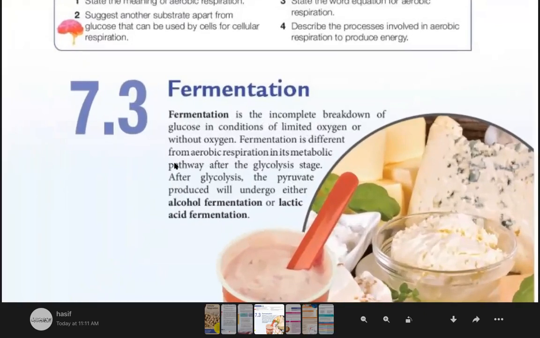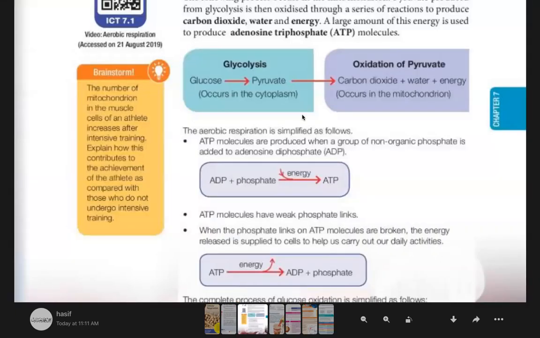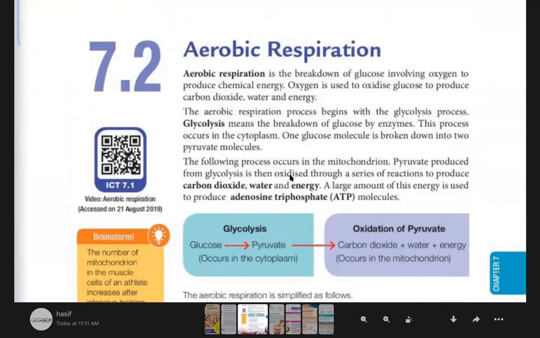Fermentation is different from aerobic respiration in metabolic pathway after glycolysis stage. Okay, after glycolysis, the pyruvate produced will undergo either alcohol fermentation or lactic acid fermentation. Dekat aerobic respiration tadi, kita tahu first stage dia adalah glycolysis.